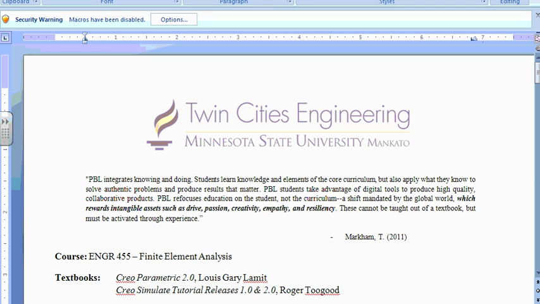And then the second book listed is the Creo Simulate tutorial, releases 1.0 and 2.0. That's by Roger Toogood. Roger Toogood does a lot of Creo reference books and stuff. And so this first one, this is the fat one, but we're not going to go through a ton of this.